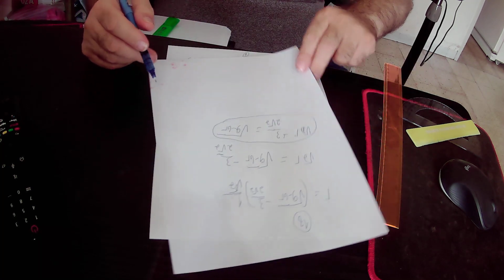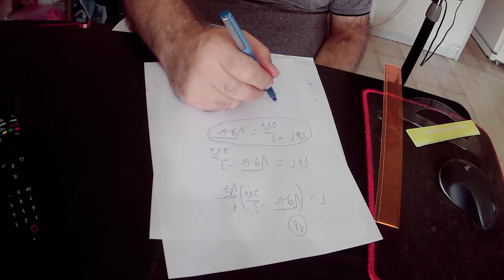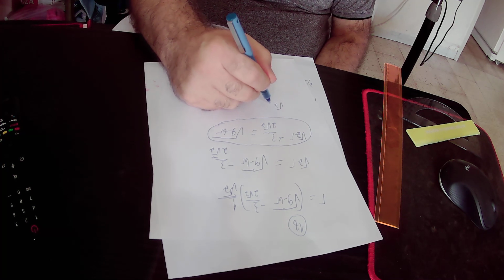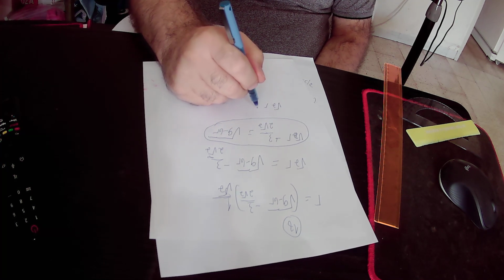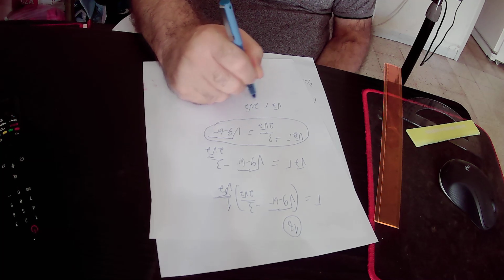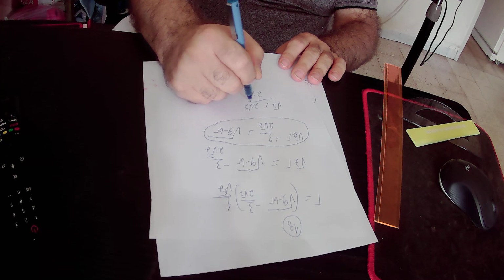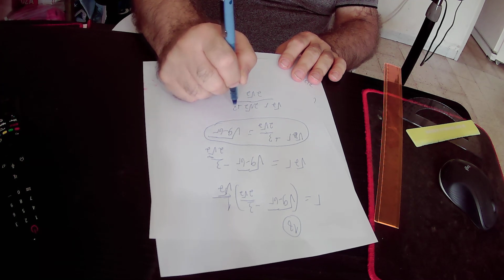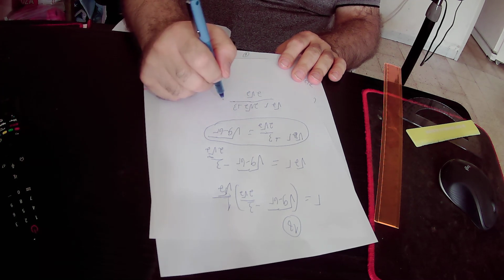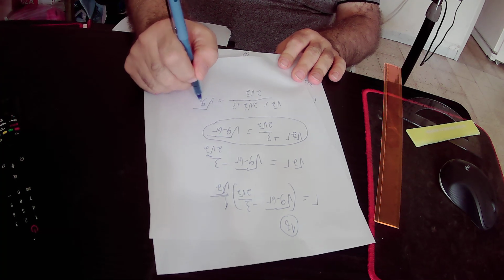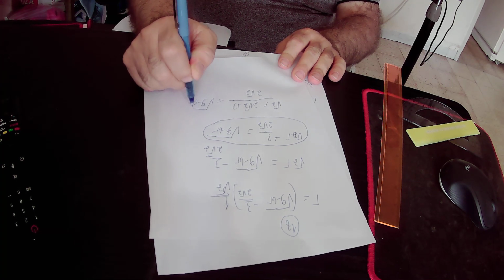We will get that 2 times r times 2 times root 2 over 2 times root 2 plus 3 equals the root of 9 minus 6r.